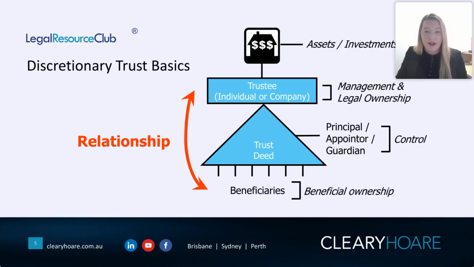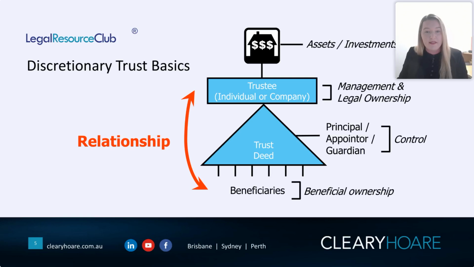So just a bit of a diagram to explain how that relationship does operate. So up the top, we've got the assets, the investments, the trust property, whatever it might be. We've got those assets being owned by the trustee, and that trustee can be an individual or a company.